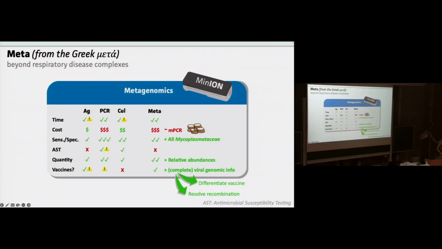We cannot yet do antibiotic resistance testing. We can do the quantification because we get relative abundances, and we can also determine very accurately whether we have a vaccine strain or not, because we sometimes get the complete viral genomic information, sometimes it's partial, but even with partial, you can already do a lot of analysis.